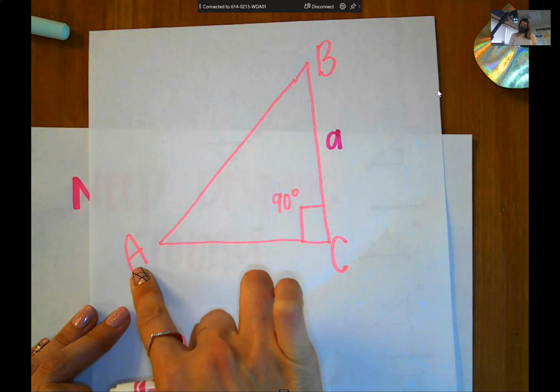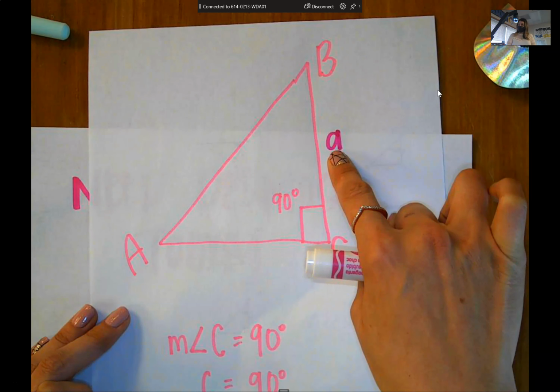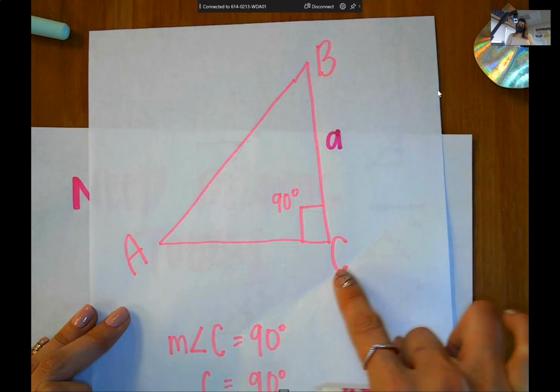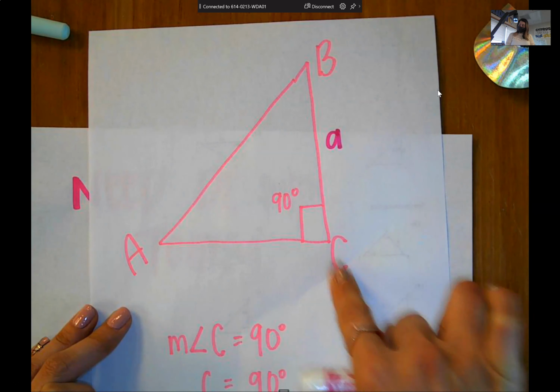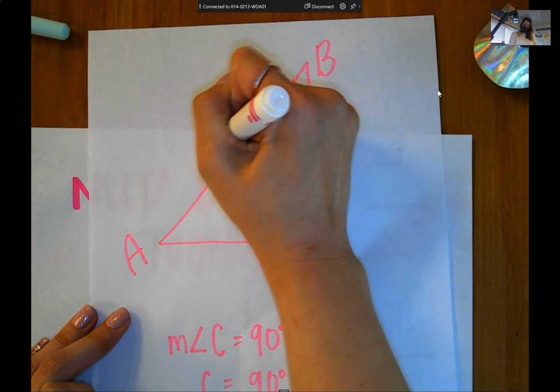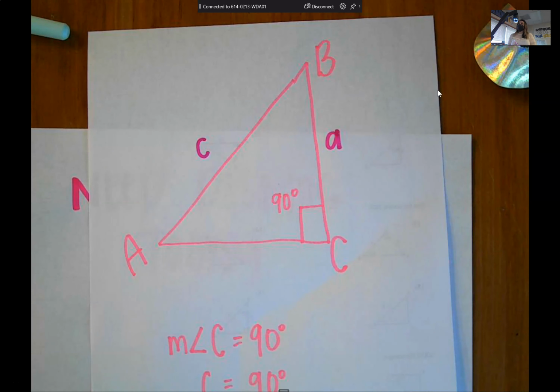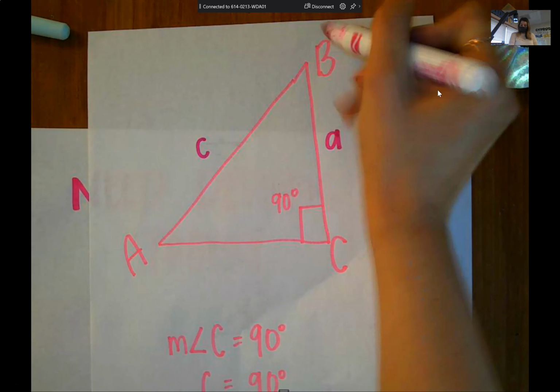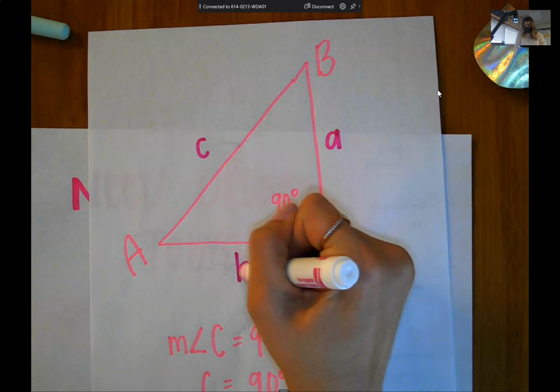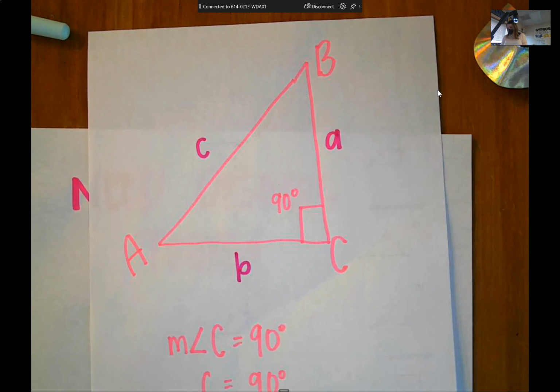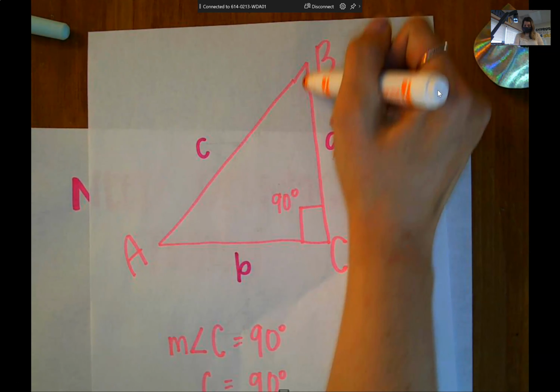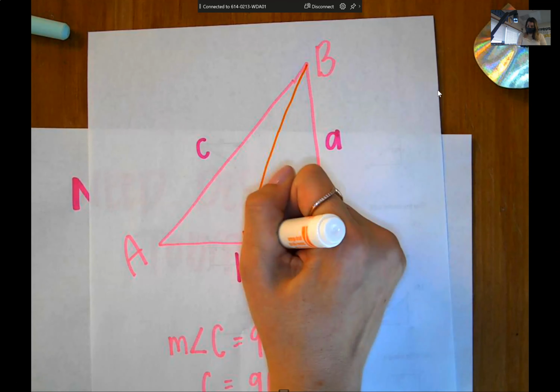So big A, the side is little a across from it, which means capital C is going to match the hypotenuse. We'd call that little c. And then this guy would be little b. So today you're going to see this in your triangles, and we got to know how to get these names.